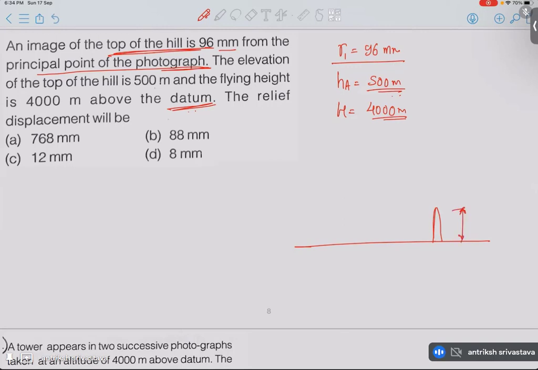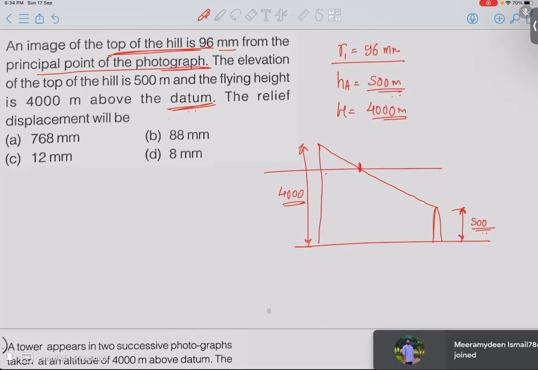This is our HA, that is 500, and this is our H, this is 4000, and this R1, okay, this R1 is 96 mm.